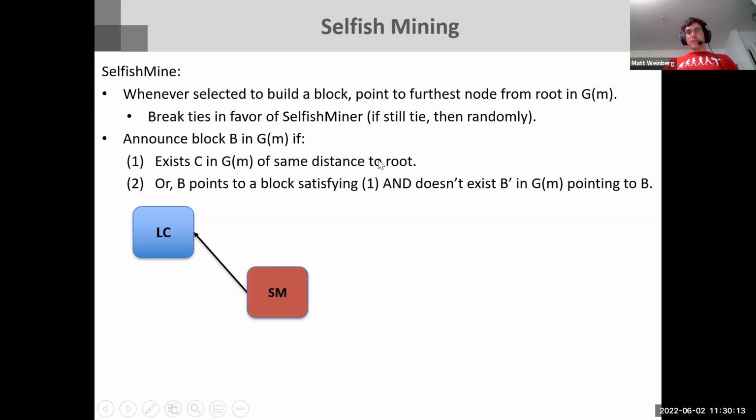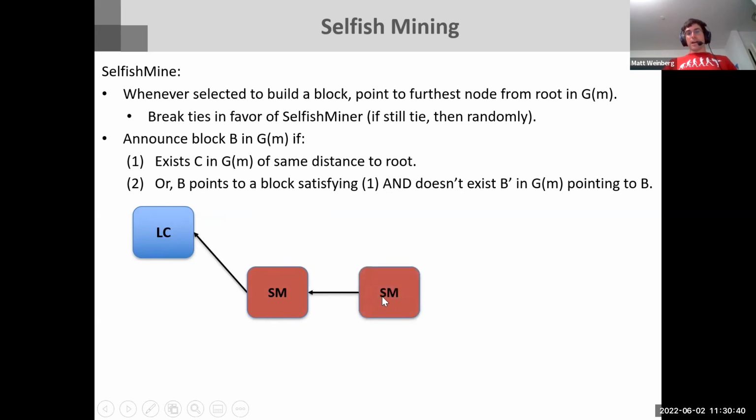One reason to announce it would be if there's another block here that's the same distance to the root. That doesn't happen. Or then there's this special case, which is basically saying that if this block points to something that's trying to kick something else out, and I'm in danger of not having other stuff to point to, then I should broadcast it. But this doesn't get triggered here either.